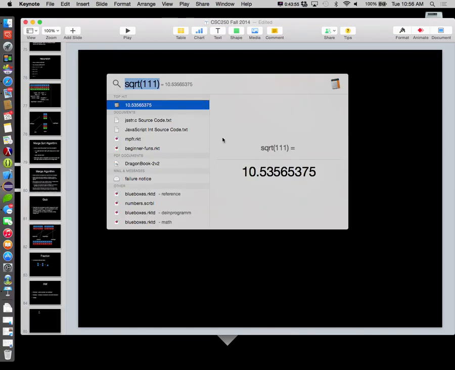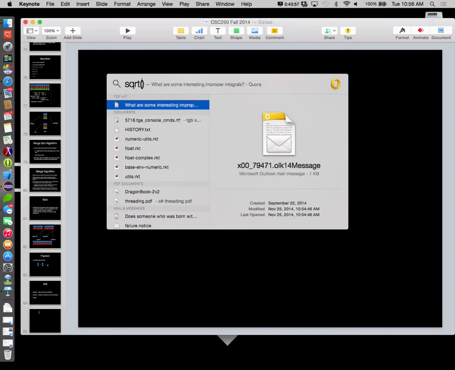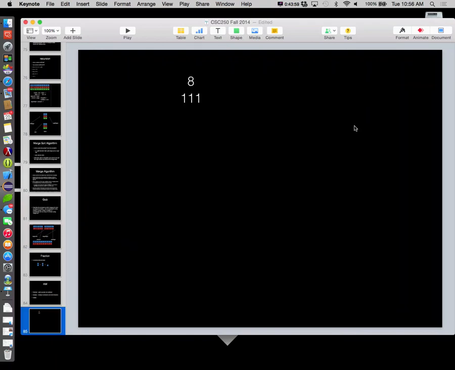So the square root of 8 is 2.83. Now we have 2.83 here. We'll take the square root of both of them.